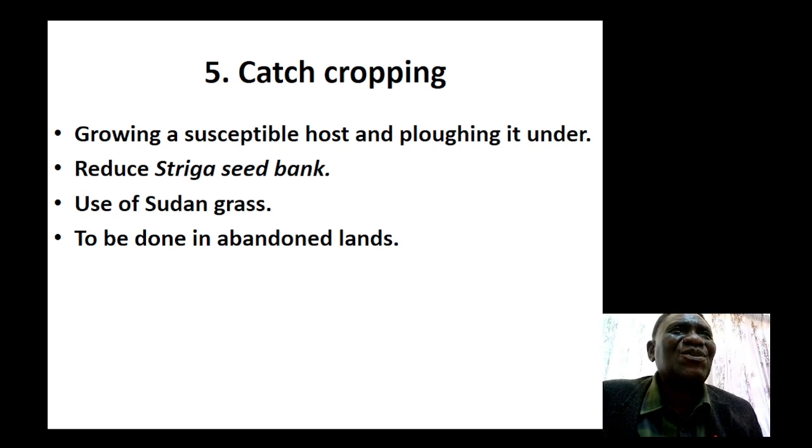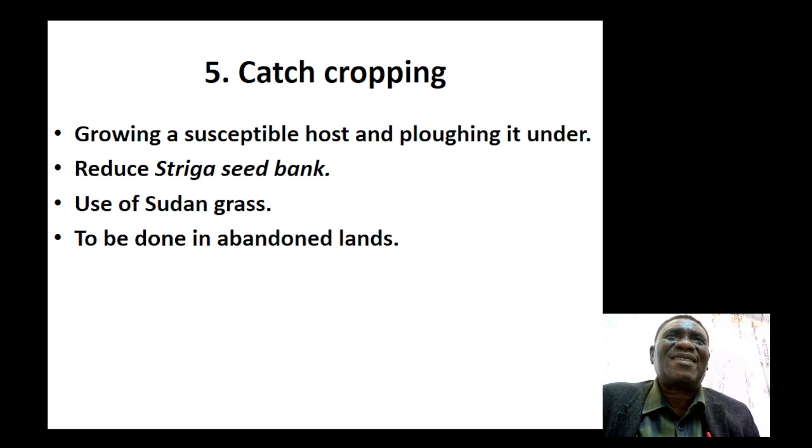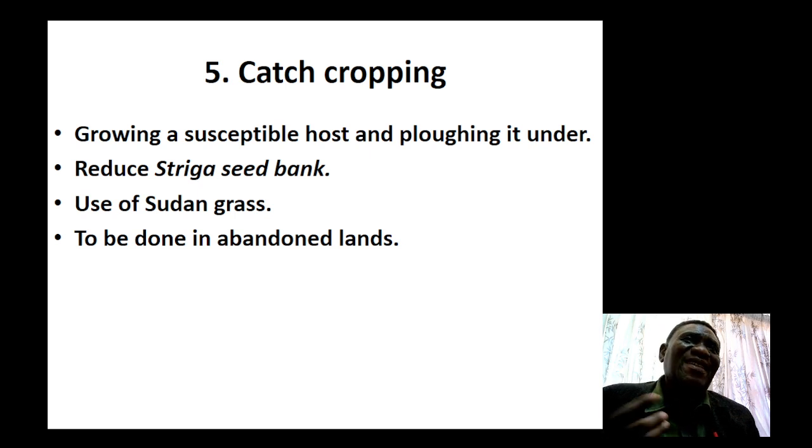They can use the Sudan grass. Probably this can be done to abandon the lands, but I don't think farmers will want to do this. They want to grow something and harvest, not to say grow this crop, destroy it, and maybe after next year you get better yields. I don't think farmers have that patience.